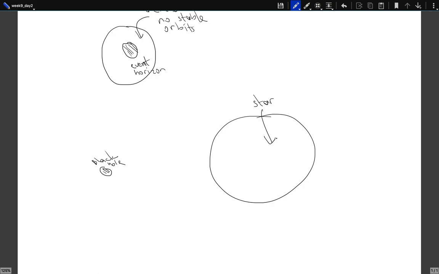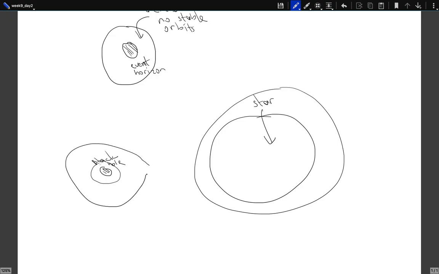And now you can think of what about the equipotential surfaces for gravitational potential? Well, if you consider the equipotential surfaces close to the black hole, all this region will be an equipotential surface, for example. This region will be an equipotential surface. And there will be this equipotential surface.